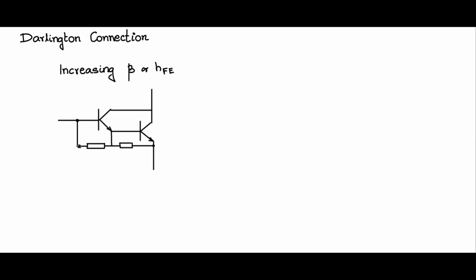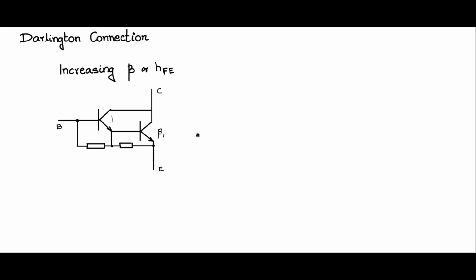So this is the path for the first transistor, and for the second transistor this is the path. So these two resistors are required. This combination is called the Darlington connection, with collector, base, emitter of the combination.